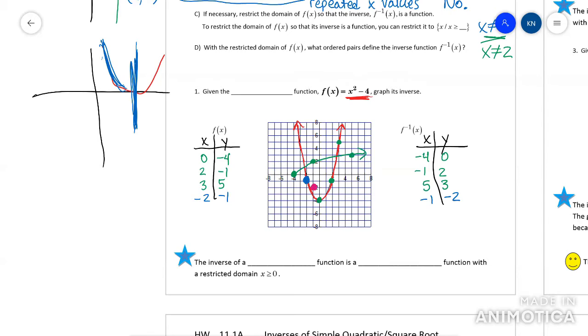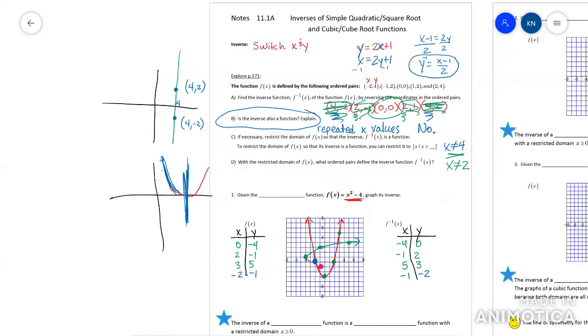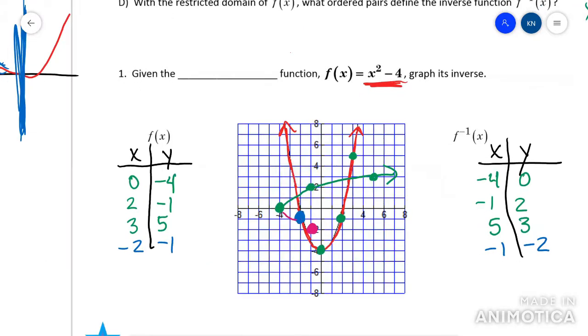If I did not restrict this domain, then my inverse would have looked like this, this entire pink thing, and it wouldn't pass the vertical line test. So this is what they're talking about. You have to restrict the domain.